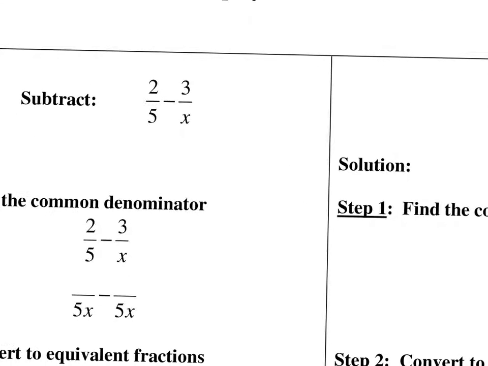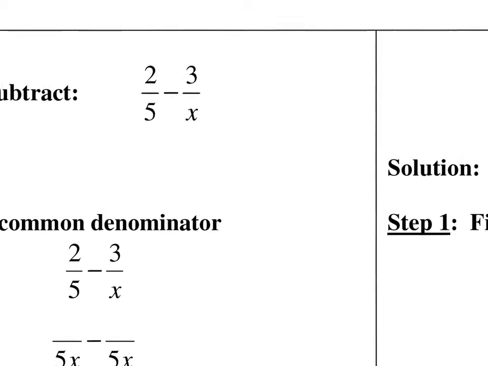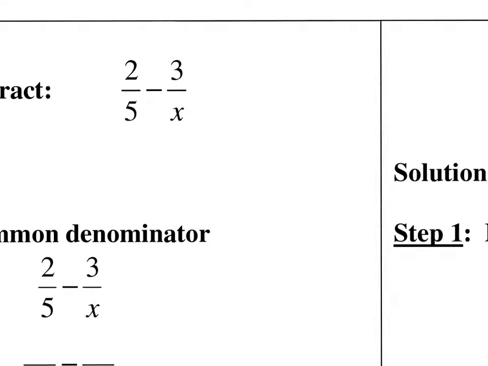So when we look down here, and we're going to subtract 2/5 minus 3/x, we're going to have to find a common denominator. I'm going to call that CD. A lot of people call it LCD, lowest common denominator. It has to have a factor of 5 in it, and it also has to have a factor of x. Well, when I put those two factors together, I get 5x, and that will be the common denominator.